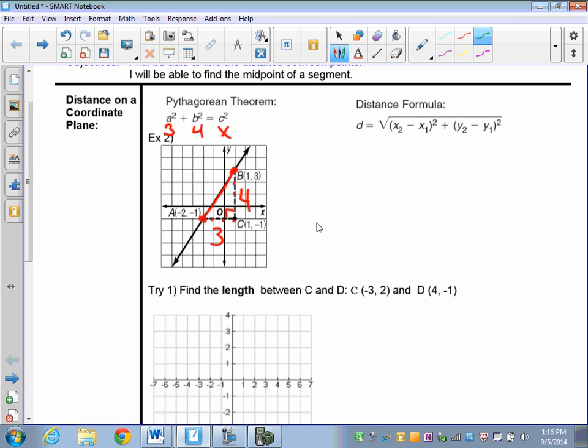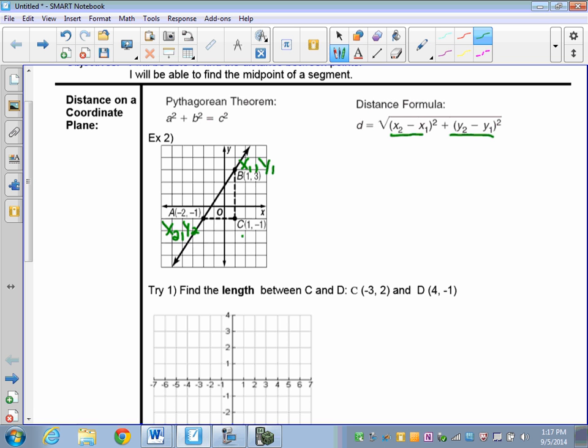The distance formula has us use x2, x1, y2, and y1. So whenever I have these 2 points, you'll see that it'll end up with the same answer. I can call this x1, y1. I can call B point 1, and A would be x2, y2.